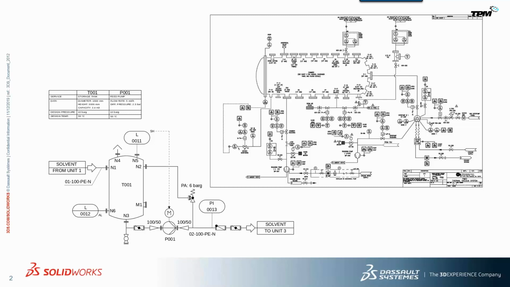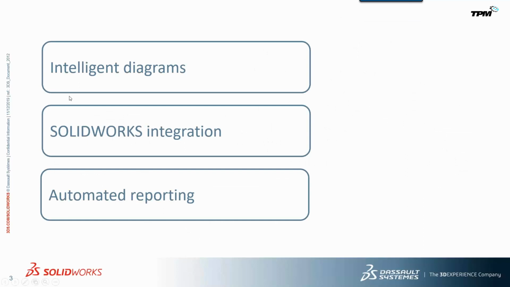So that's really the big difference: we have these intelligent diagrams, meaning these aren't just 2D symbols that represent a pump. They are intelligent. They are run through a SQL database in the background. It's really transparent to the end user, but that's maintaining all the relationships for us.